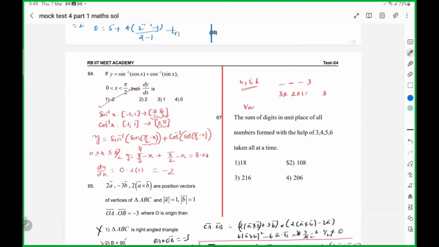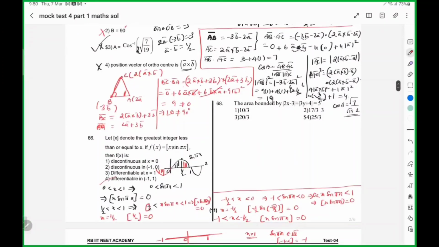So 6 threes are there, and the value carried by 3 is 18. Similarly, the value carried by 4 is 24. The value carried by 5 is 6 fives, 30, and the value carried by 6 is 36. Adding all: 36 plus 24 is 60, plus 30 is 90, plus 18, which is 108.